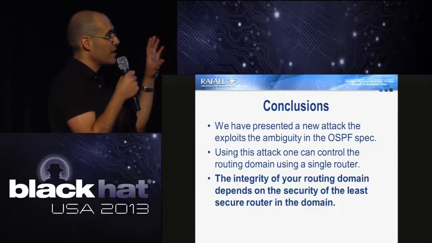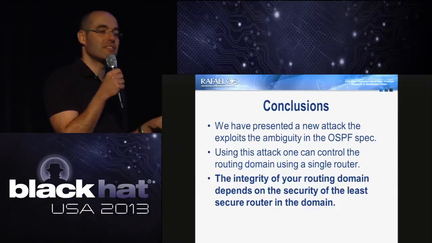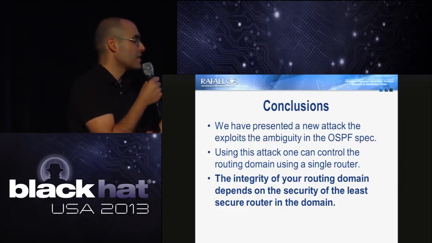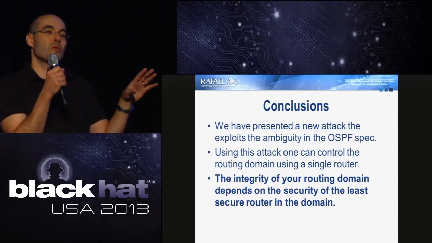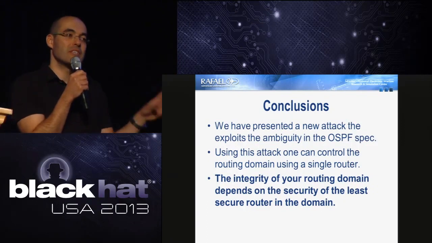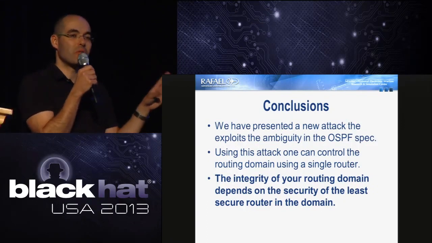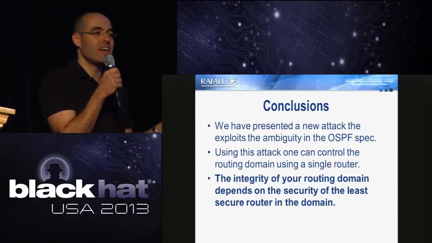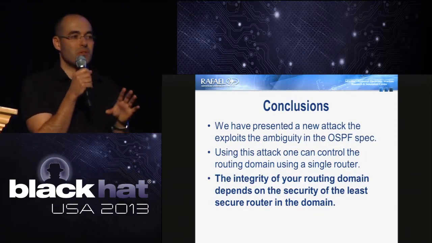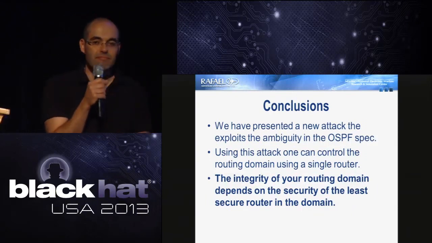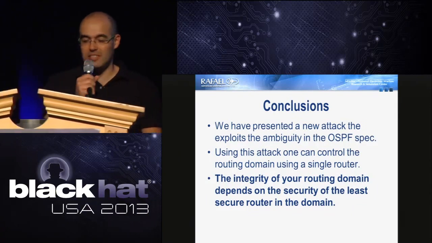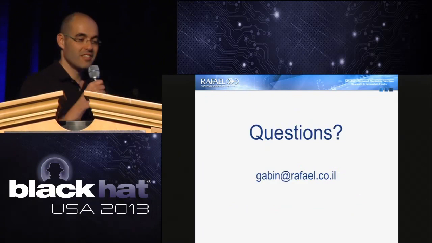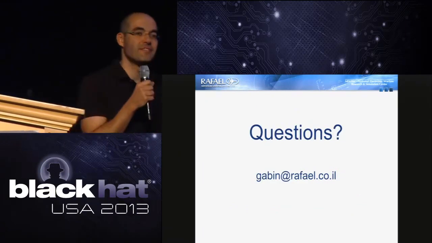And the main takeaway I want you to take from this talk is that the integrity of your routing domain depends on the security of the least secure router within your domain. This means that you need to secure your remote access router in the remote branch as much as you secure your core router in your main branch. So this was my talk. I would be happy to answer any questions you might have.